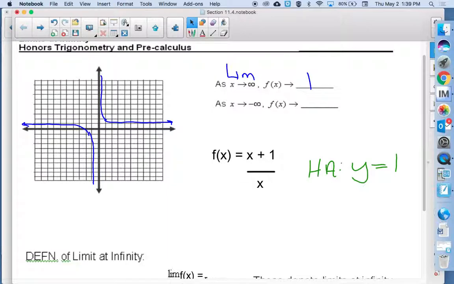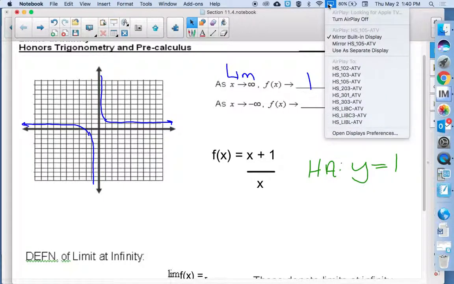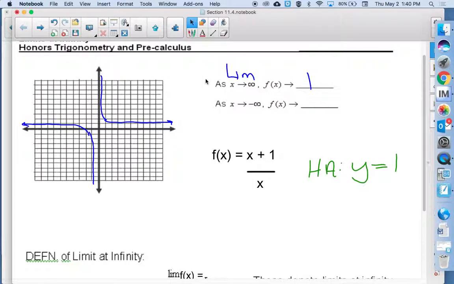So wherever that asymptote is, would be where our limit would be approaching. So x going to infinity means my graph is going out further and further to the right. But since it's leveling off horizontally, my graph is approaching, the y value is approaching, the limit is 1. Whatever terms you want to use, they all mean the same thing.